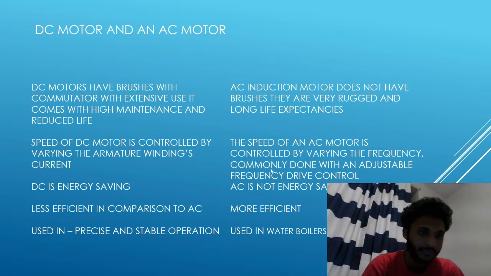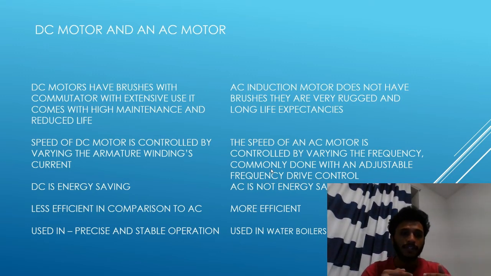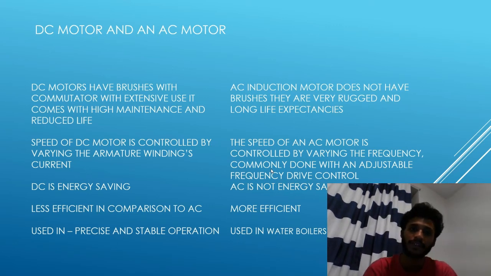Coming further, the speed of a DC motor is controlled by varying the armature winding current, so it may not be very precise to control. The speed of an AC motor is controlled by varying the frequency, commonly done with an adjustable frequency drive. DC saves energy because there is just one flow of current, while AC circuits have three inputs of current.